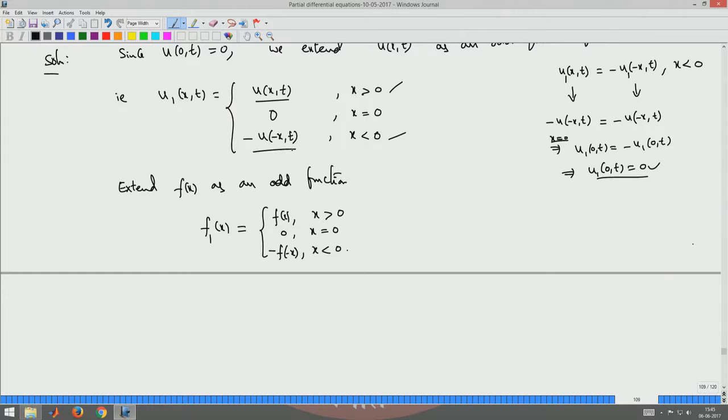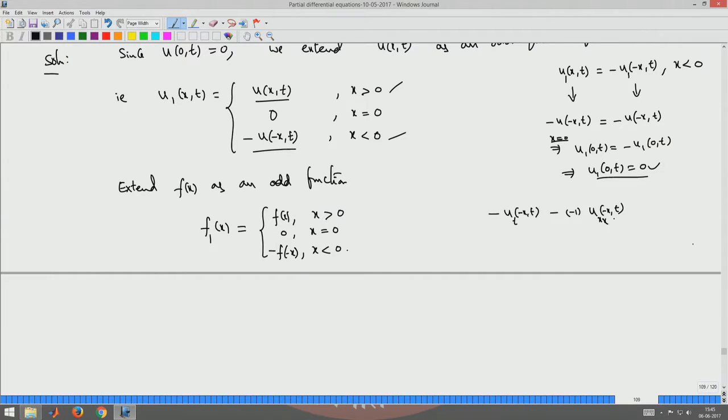For x negative, so u1 at x negative, what is the t derivative? It is minus u_t of minus x,t. And then if you do two x derivatives of minus u of minus x, one derivative will give a factor of minus 1 times u_x of minus x,t.